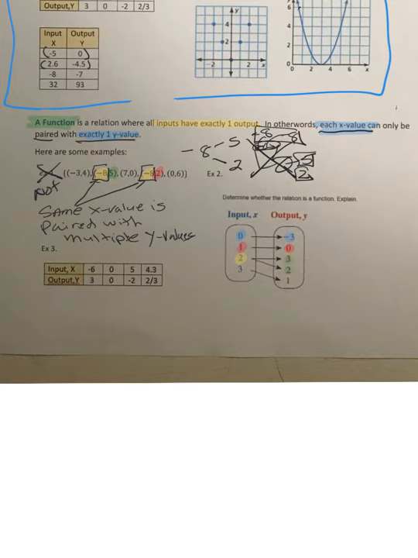So you have the same number going into the machine being paired with 2 different outputs. Remember, the X's are the inputs and Y's are the outputs. You can't have the same X value, or the same input, having 2 different numbers come out, or 2 different Y values. So this is not a function.